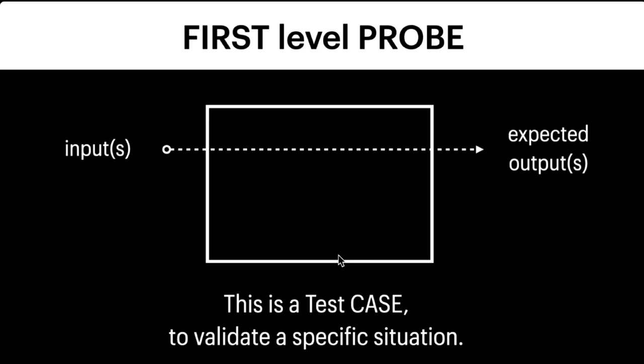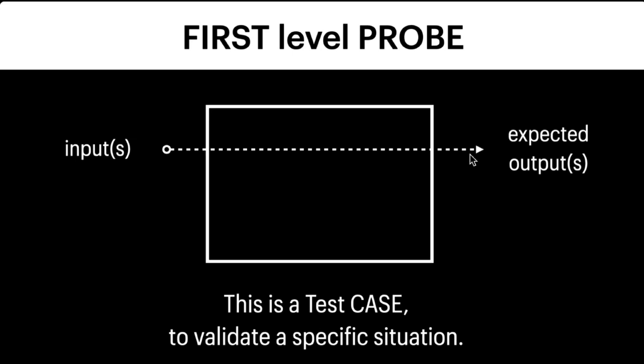The first level probe is nothing but a set of inputs that I inject into the system, maybe via the UI, maybe via the API, maybe in whatever form or fashion. And then the system takes these inputs, executes some lines of code, and it gives you some output. And therefore, this line simply means it traverses certain parts of code.